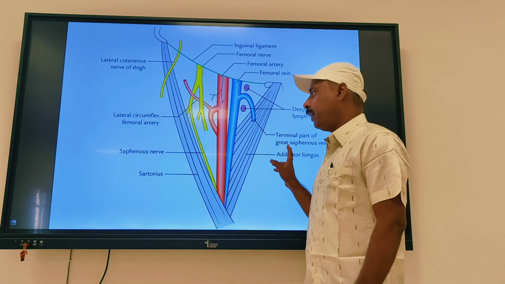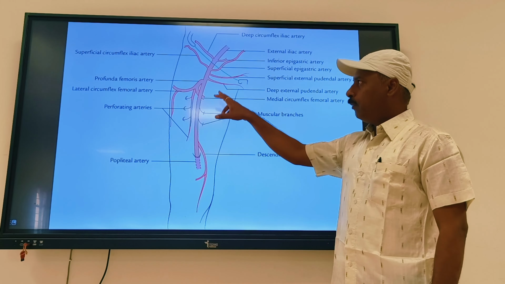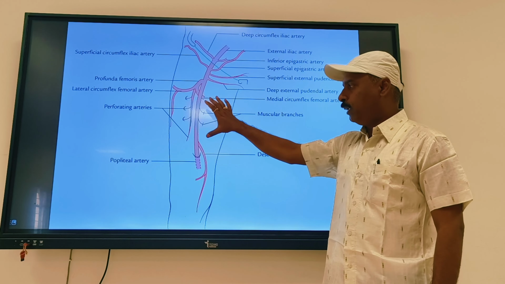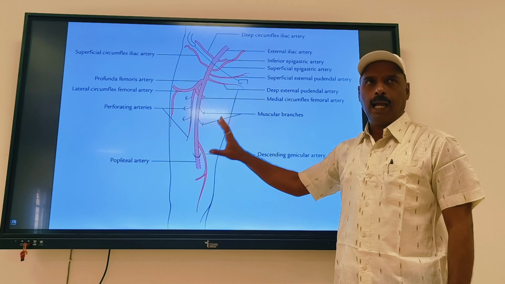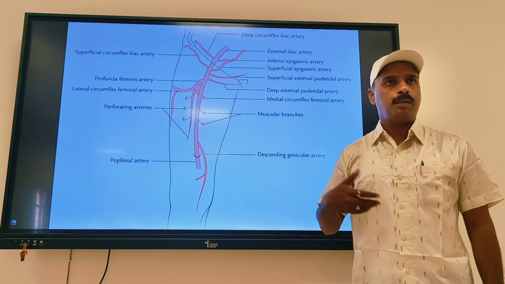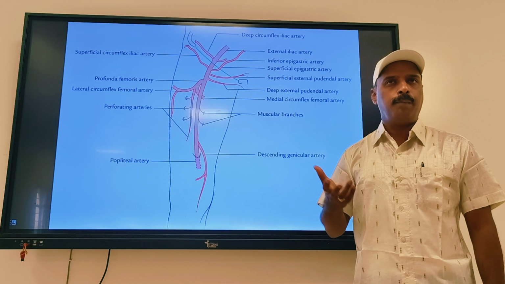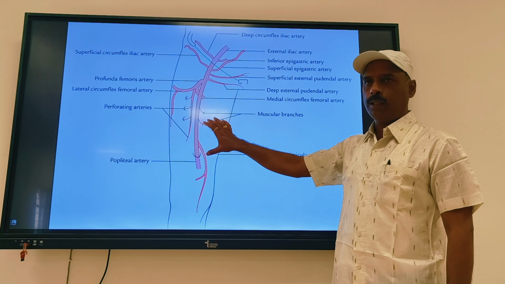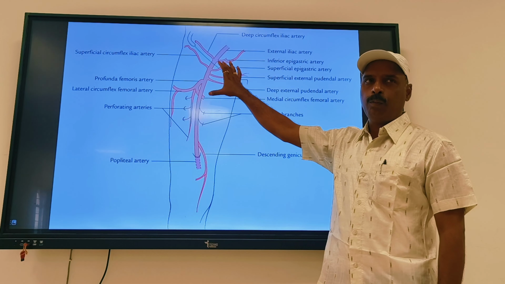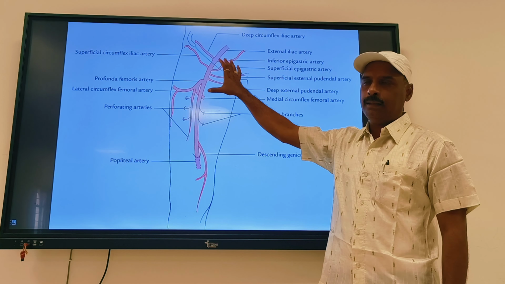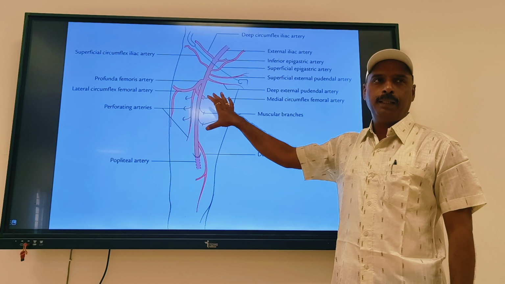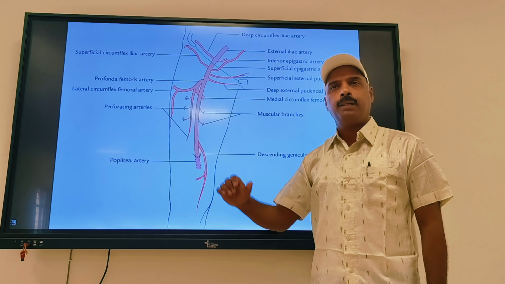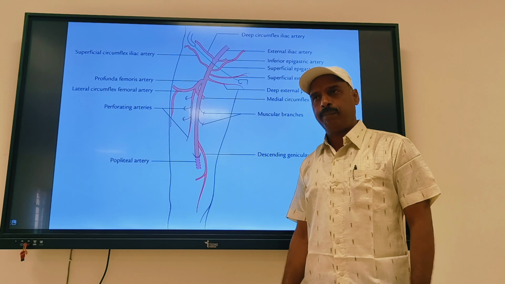Then when you go to the adductor canal, the thigh is divided into upper one-third, mid one-third and lower one-third for demonstration. Upper one-third will be the femoral triangle. Mid one-third will be the adductor canal. Lower one-third will be continued as the popliteal artery.